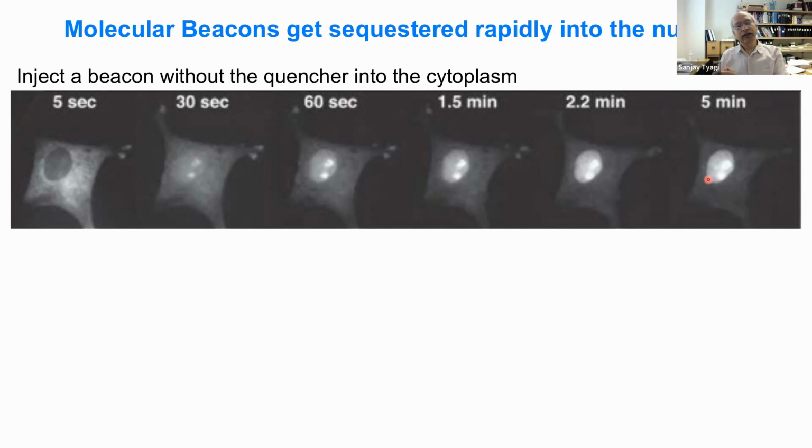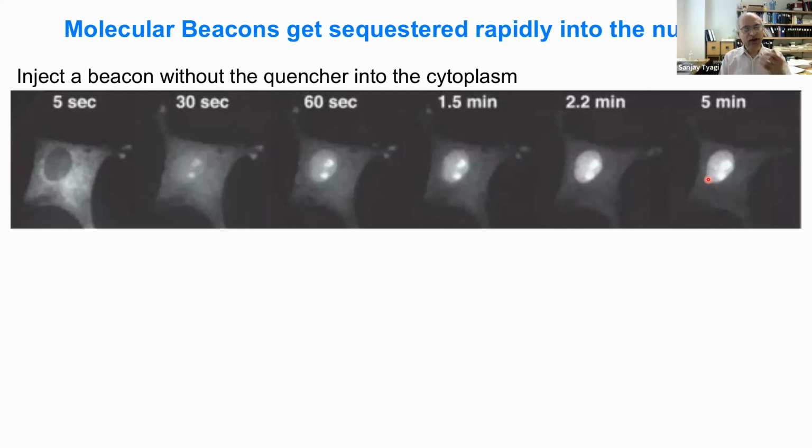And there are nuclear pores, and they don't stop these small molecules like oligos. They go in, sink in there, they bind to histones, etc. And so the nucleus acts as a sink for the beacon. So if you're going to image RNA in cytoplasm, this is not going to work.